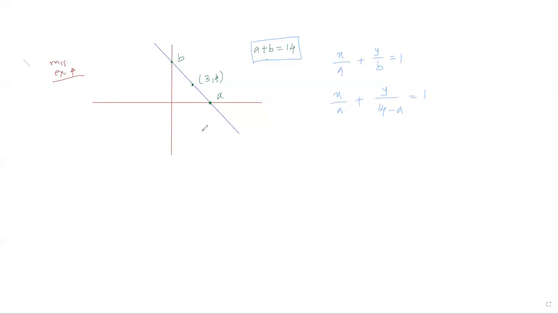Now, since (3, 4) is a point on the line, it will satisfy the equation, that is, 3 by a plus 4 by 14 minus a is equal to 1. We will solve this and we will get the value of a. When you get the value of a, you can substitute it and find the value of b.